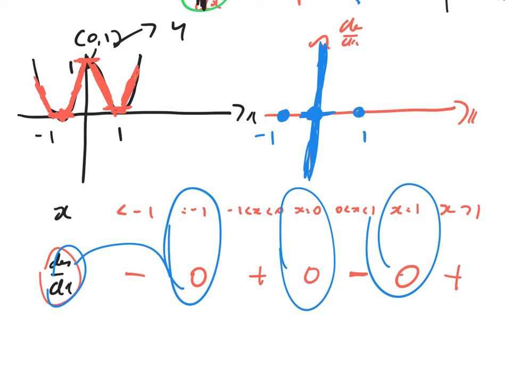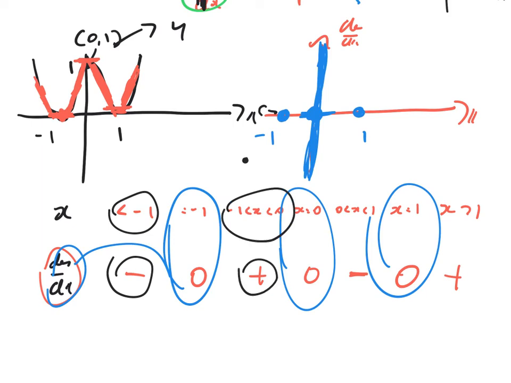Okay, before I get to -1, I know that the gradient is negative, so that would need to be below the x-axis before -1. Between -1 and 0, the gradient is positive, so between here and here, the gradient is positive. It would need to go up there somewhere. Between 0 and 1, the gradient is negative, and after 1, the gradient is positive.